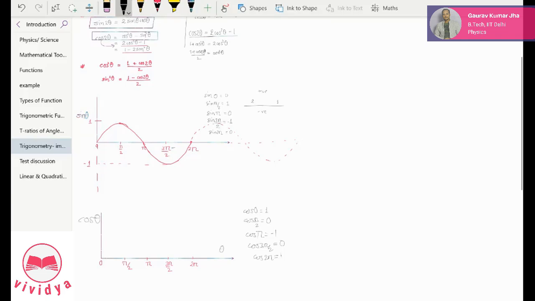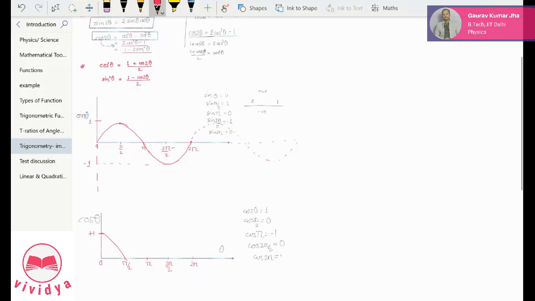So you might have got the idea. It is similar to sine, but the values are shifted. At 0 degree cos is maximum and is equal to +1. So if this is +1, then at 0 it will start. At pi by 2, it will become 0. So we'll draw a graph like this.